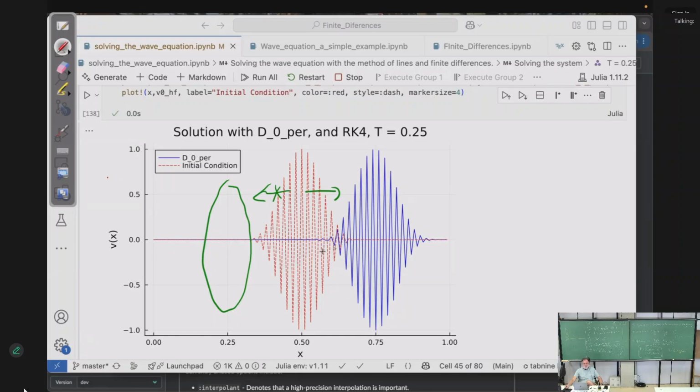So high frequency, where things are not well represented, should not be allowed in the calculation, because they do very strange things. We know what they do, so we can check what is going on and understand what the solution is doing, but it's far from the real solution.